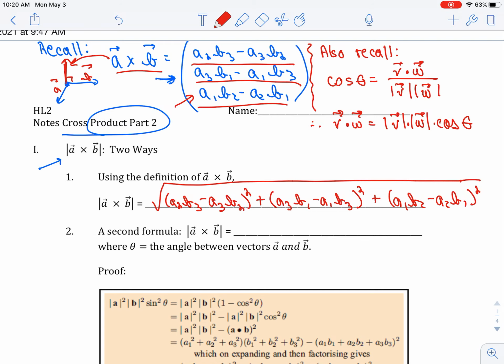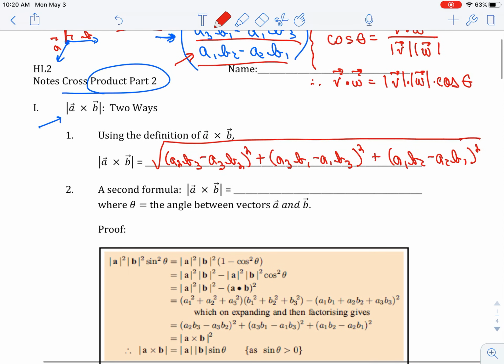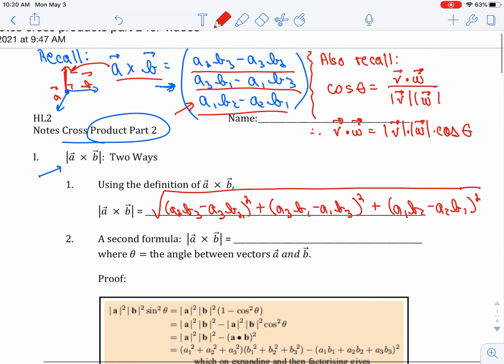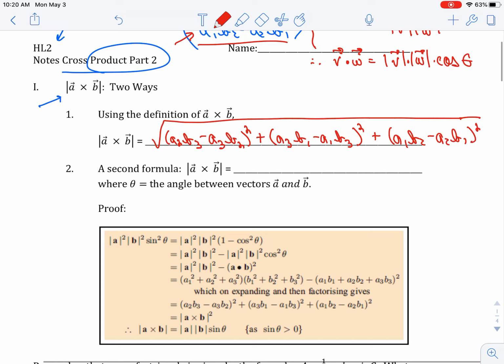But there's a second formula that's going to be a little more compact and a little more convenient for many problems. And you're going to see that there's some similarity to the formula that we had for dot product, which was this one up here. So you're going to see a parallel in there. Okay, so here is the formula. I'm going to give you the formula, and then I'm going to take you through this proof that we have right here.